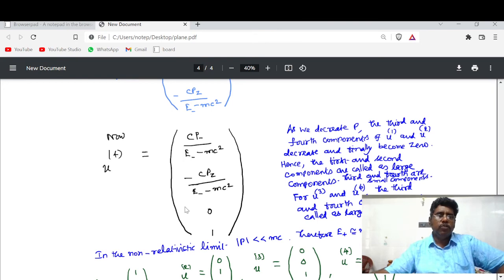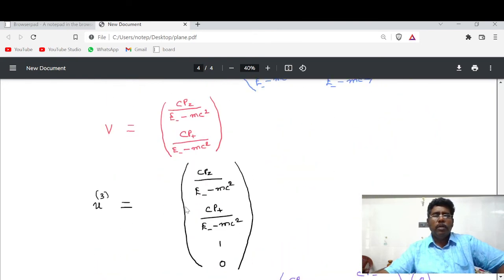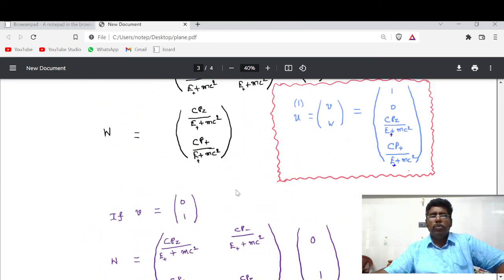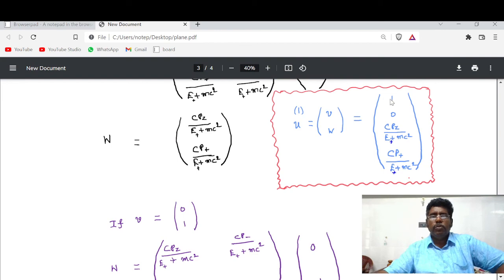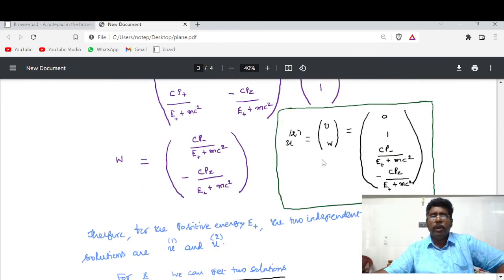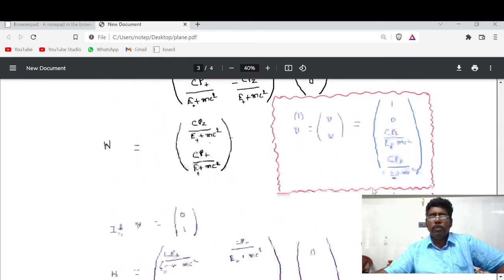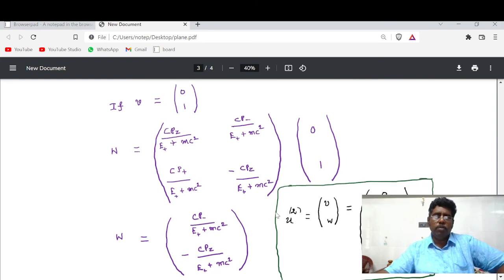See, in the solutions U1, U2, U3 and U4, for U1 and U2, the first two components, (1, 0) and (0, 1), are called large components, and the second two components are called smaller components.